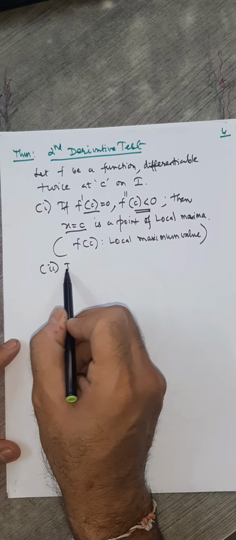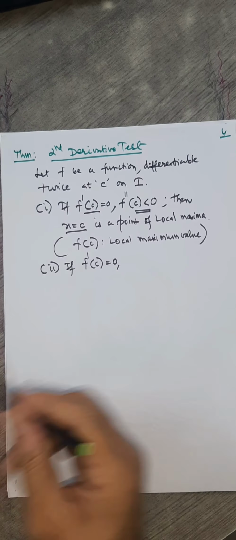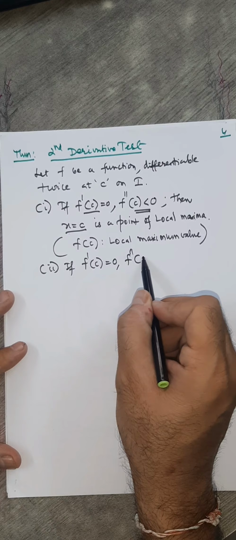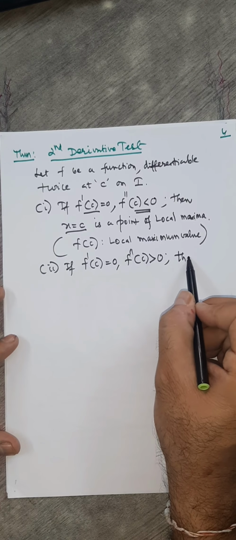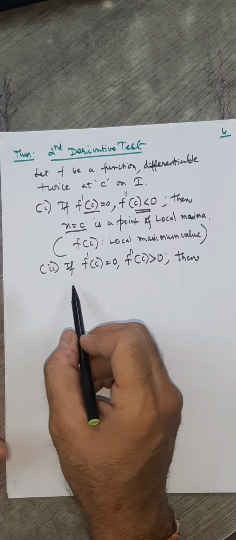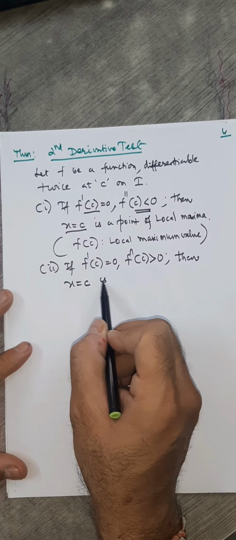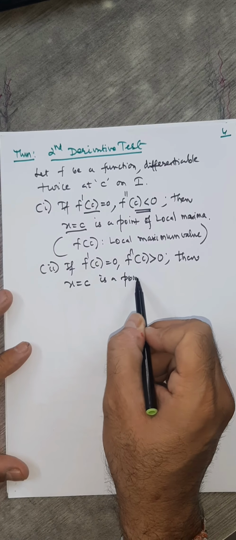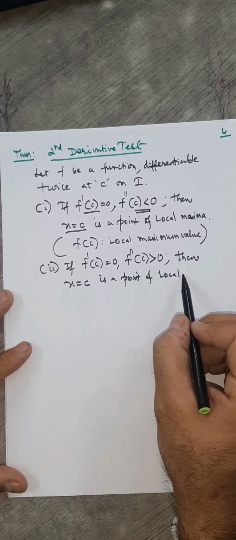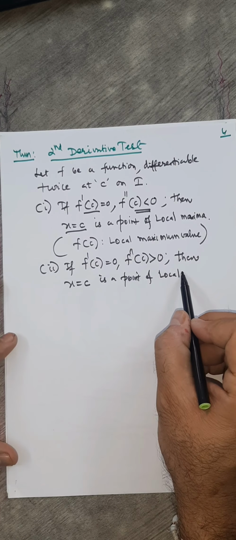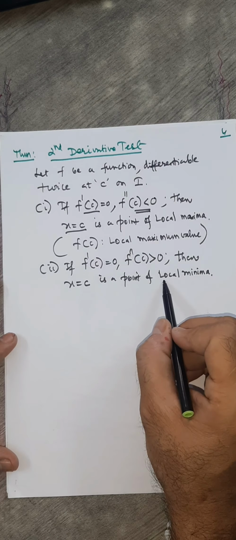The second one is if f dash c is 0. It has to be 0 for a turning point. And the double derivative, now we are saying, is greater than 0. There it was less than 0. Then x equals c, that is this point c, is a point of local minima.